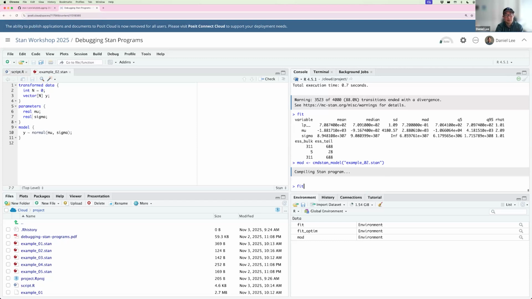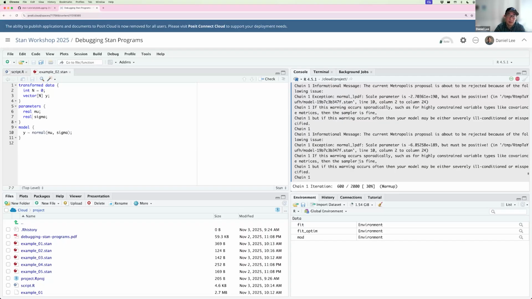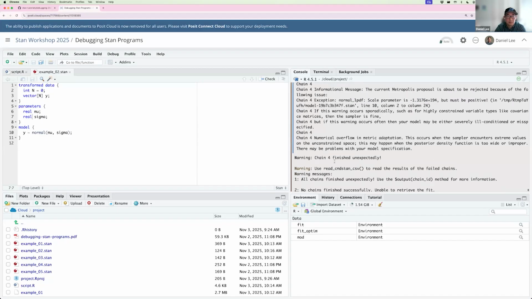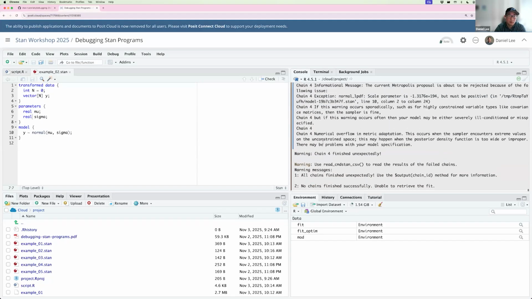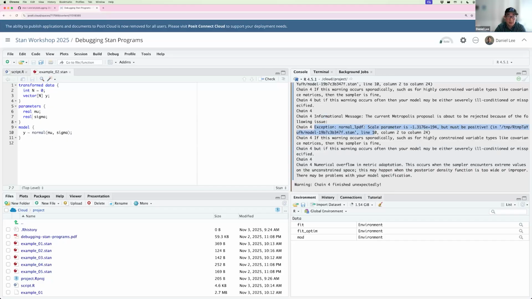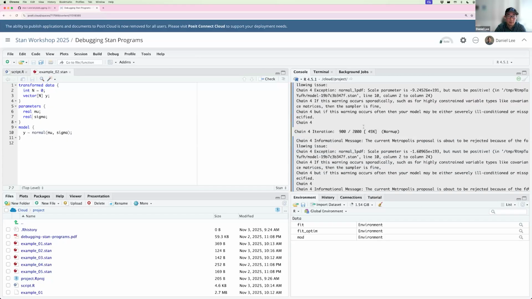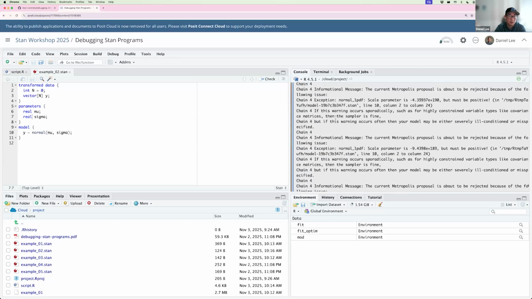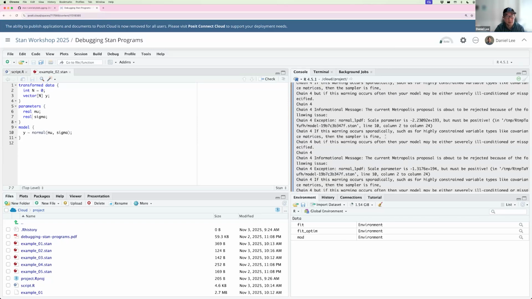The first thing I wanted to show was that this error is actually different than the one we saw before. While we still have the exceptions happening, what we're ending up with is that it's actually going through the iterations. It initialized properly.